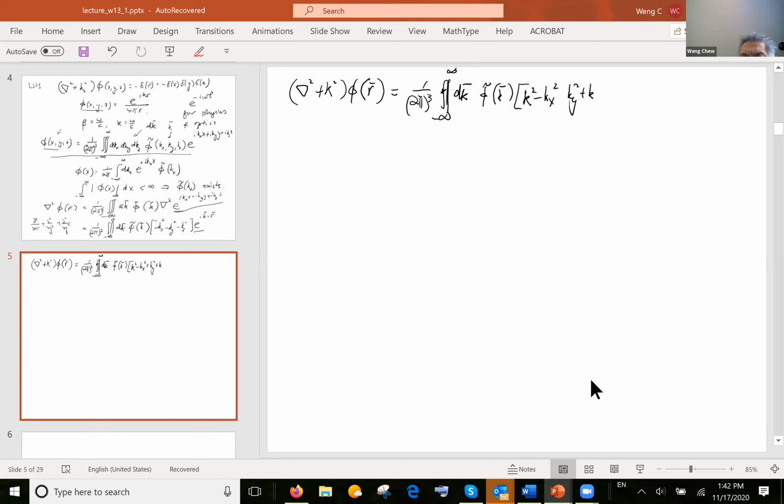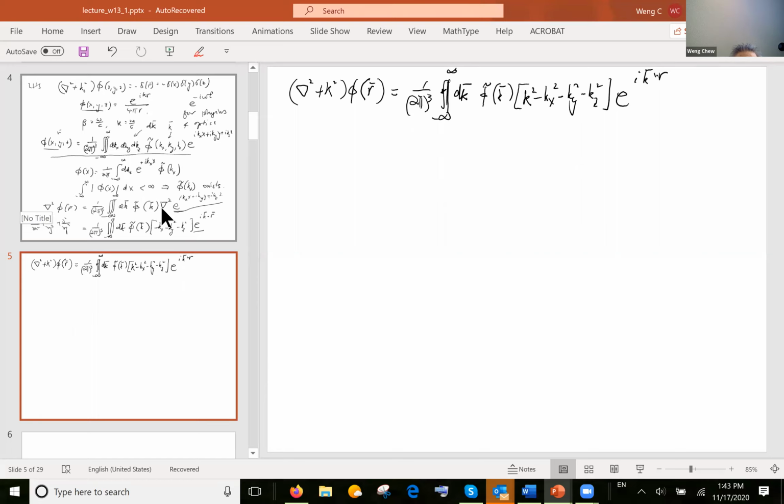Sorry, it should be a minus. Times e to the i k dot r. Can you see that this is equal to that? You can see from here, because the Laplacian itself is this, and if I add a k naught squared, then this is the left-hand side.